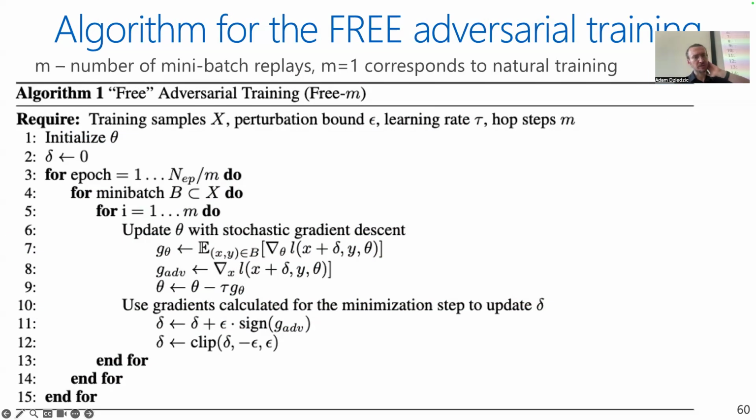In this case, I don't wait until I have the strongest possible delta, the strongest perturbation to train the model against, but I basically use even one step of PGD to attack the model. It's kind of like, let's not wait until the very end, let's just attack now, and it still works, right?